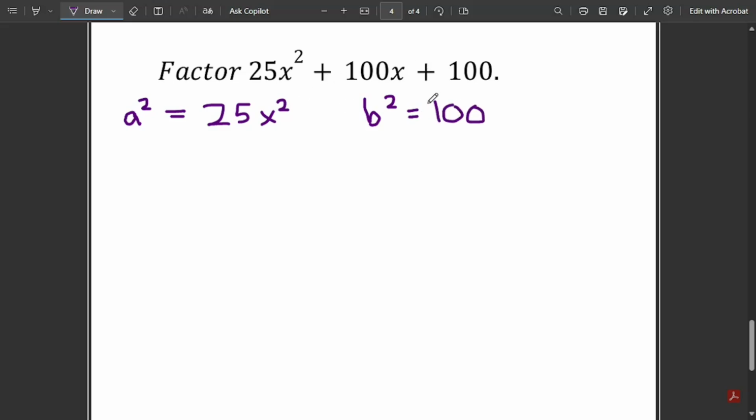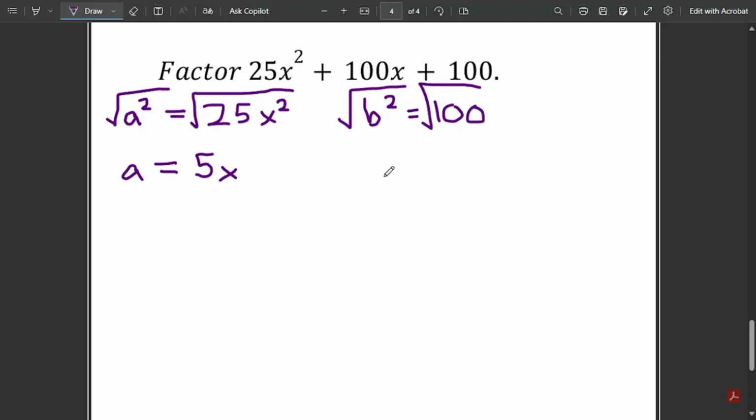We have a positive and a positive, so we're going to pick positive square roots for both. So we get a is 5x, and b is going to be 10.